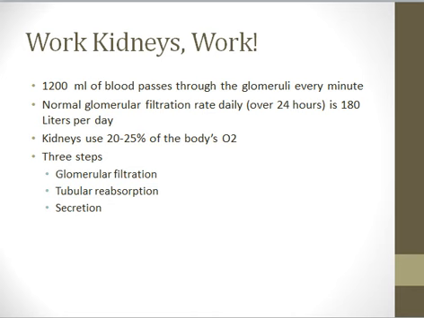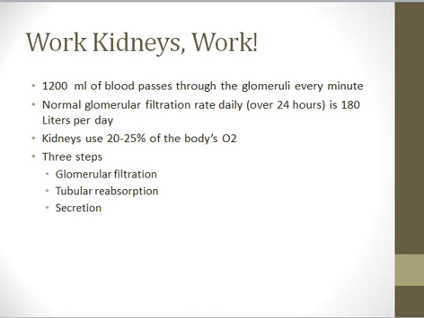Now, if this doesn't sound familiar, please pause this, go back and review the kidney microscopic anatomy. We need to remember that there's that glomerular filtration. So we filter through those glomerular capillaries. We'll then take that filtrate, or the beginning of the urine, put it in that capsular space in that Bowman's capsule.